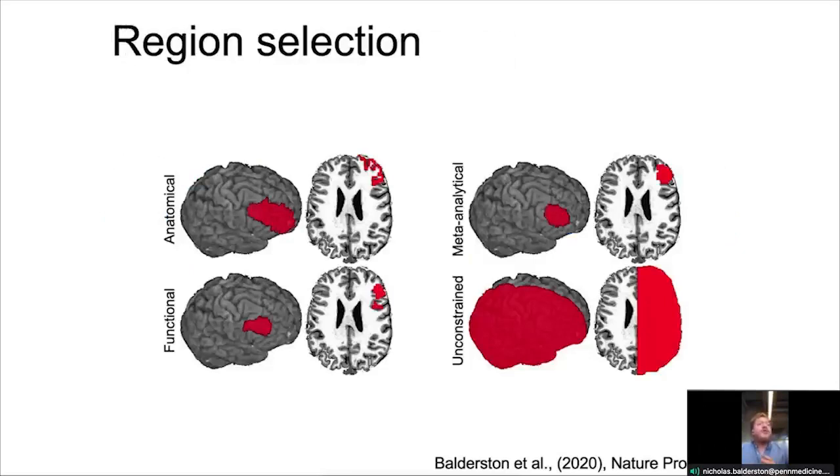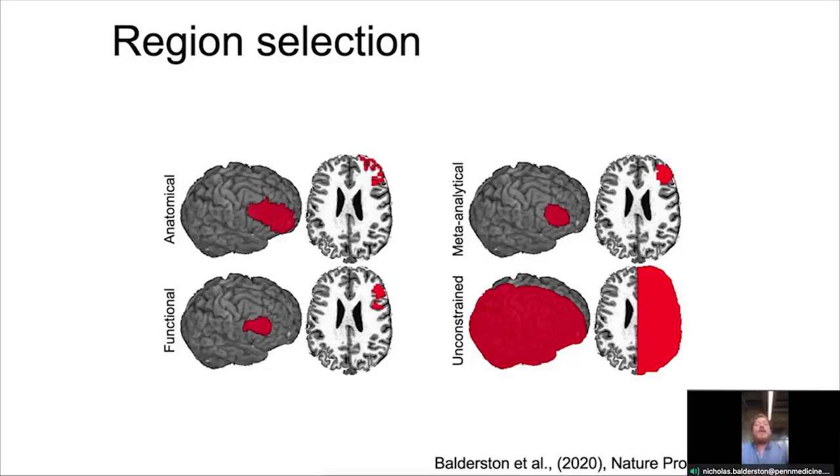The takeaway is that you need to have some sort of an a priori definition of what your target region is. Otherwise, the variability in single subject fMRI, and likely also in single subject functional connectivity, is going to increase the variability in your targeting.